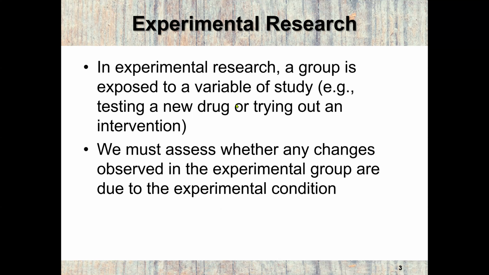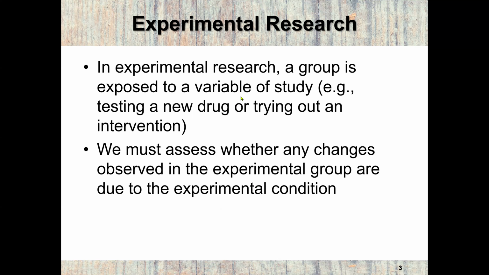In experimental research, a group is exposed to a variable of study. For example, we are testing a new drug or trying out an intervention. The good thing with experimental research is that we tend to almost eliminate the confounding variable.